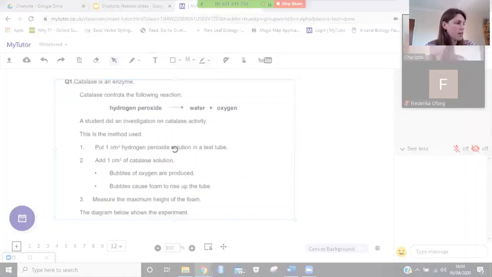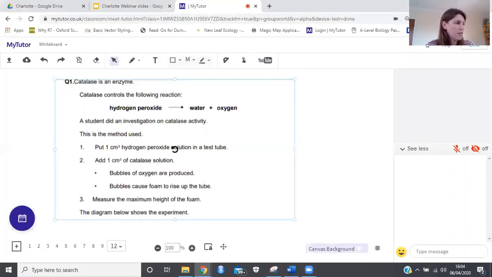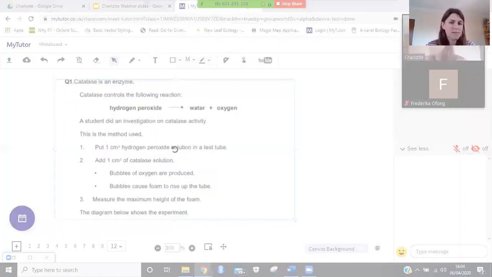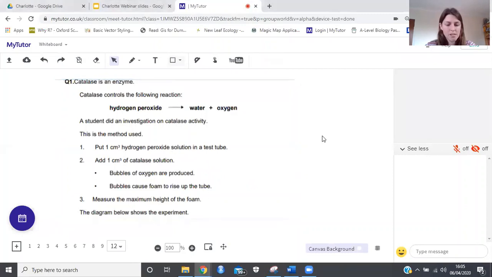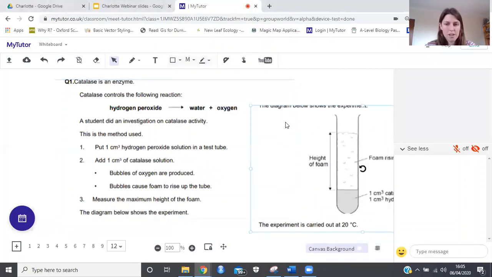Have a read of that while I pull in the second part here. I'll put the diagram over here.